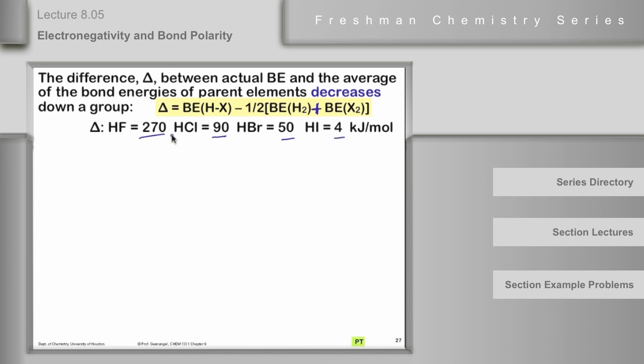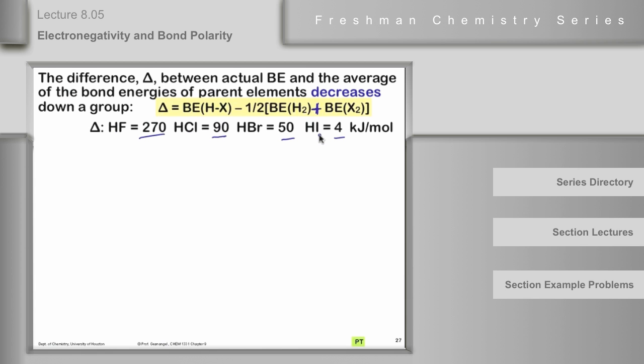So Pauling looked at this and he said, well, in the case of HF, fluorine must be much more electronegative than hydrogen. And chlorine is more electronegative than hydrogen, but not as much more as fluorine is. So the electronegativity of chlorine must be a little bit less than that of fluorine. And bromine must be a little less yet.